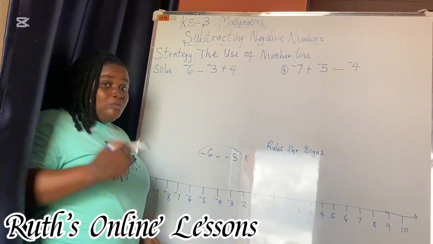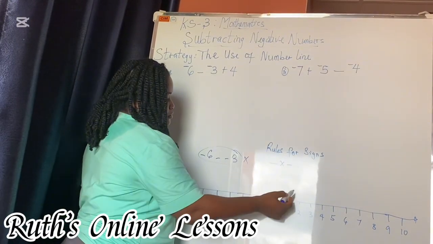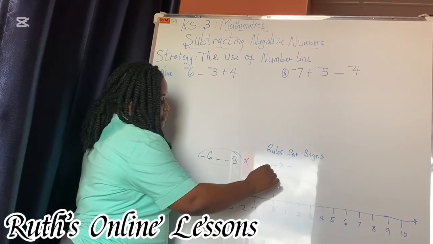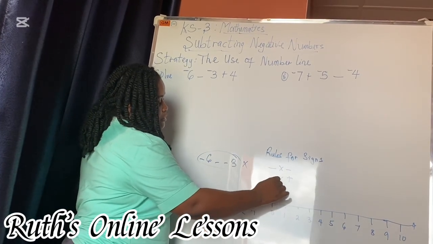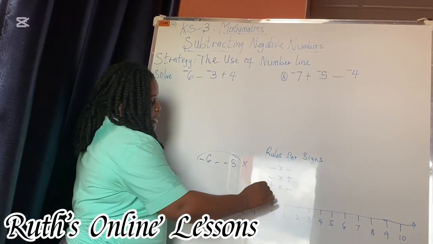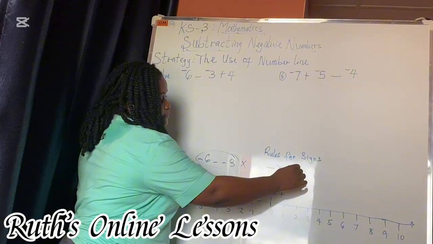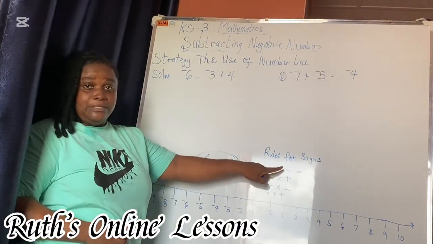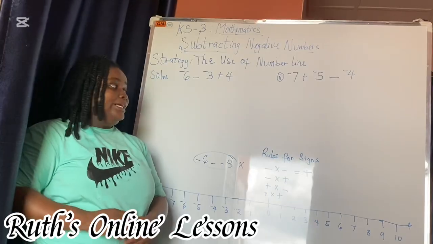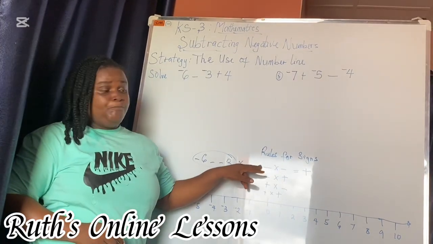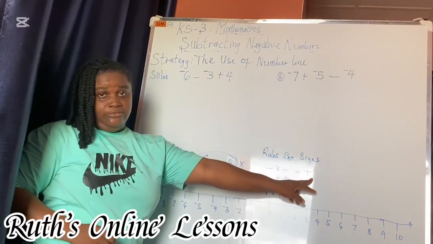When you see this, sometimes you see minus times minus, minus times plus, plus times minus, and plus times plus, of course. Minus times minus is plus, take note. When you are asked to multiply two negative numbers, the product is going to give you a positive number.